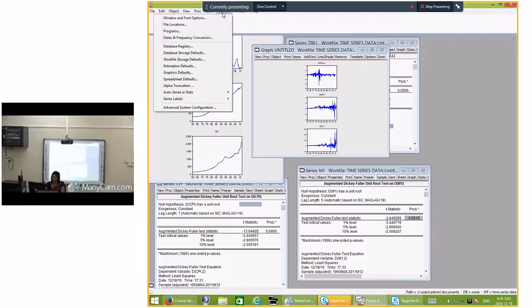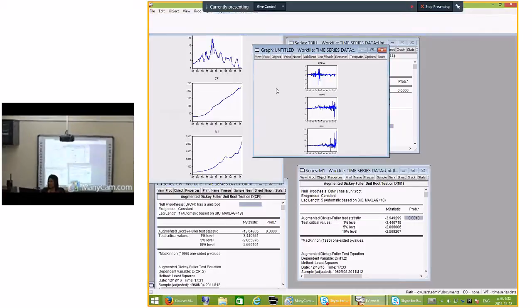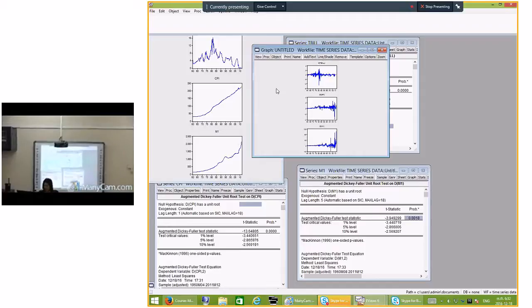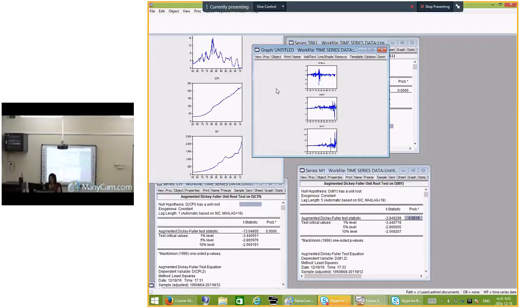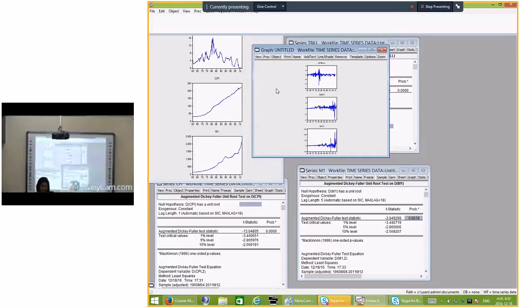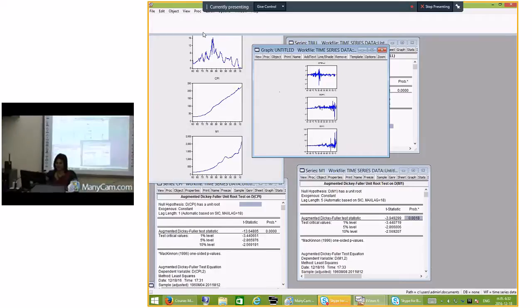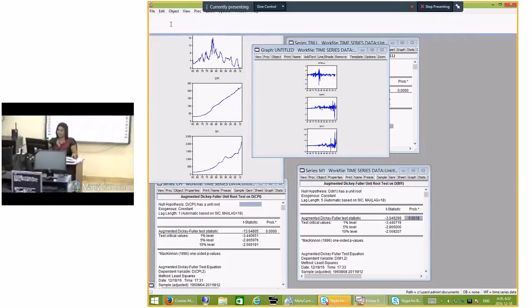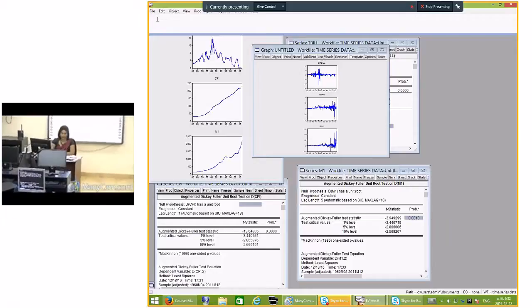So then if the data series are non-stationary at levels, we can't use normal regression analysis or the t-test to test the hypothesis. So then when there is a co-integration, we need to test the co-integration. So then our topic is testing co-integration.